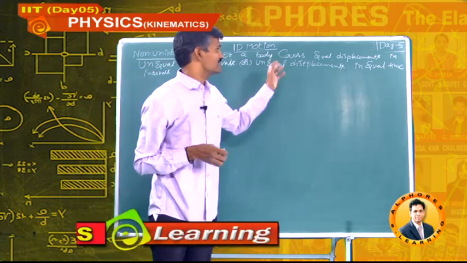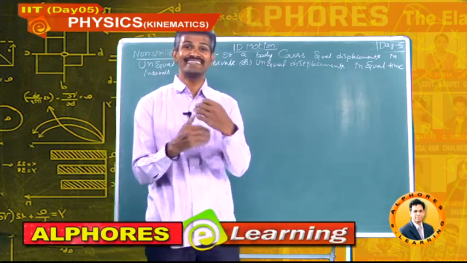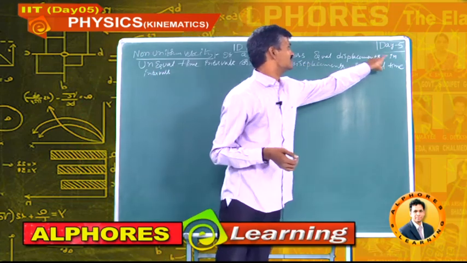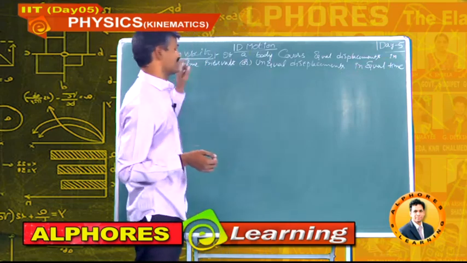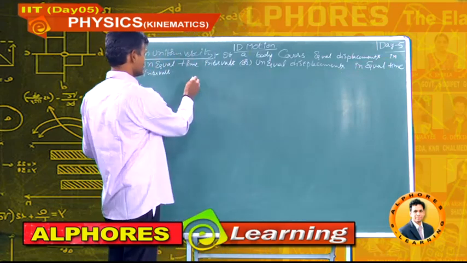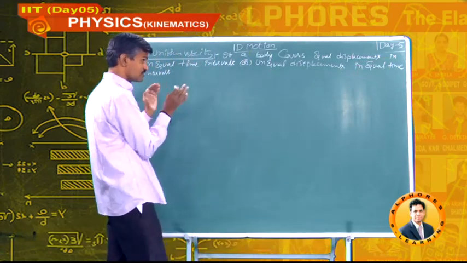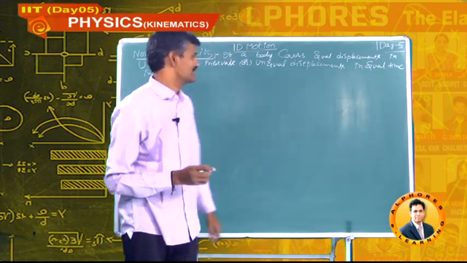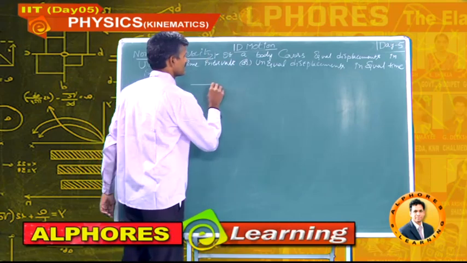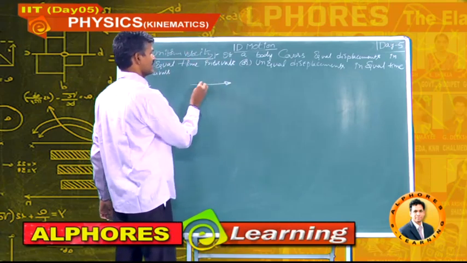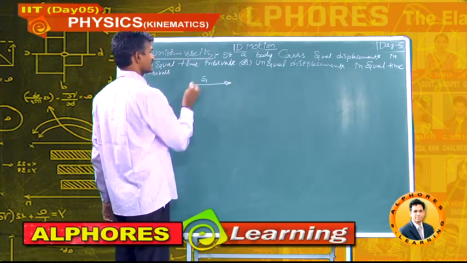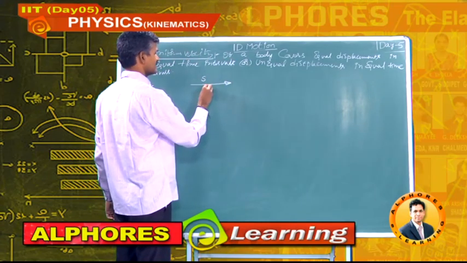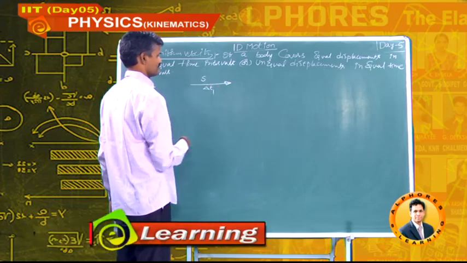Students, here the situation can be understood in 3 stages. First stage is equal displacements in unequal time intervals. So to understand the situation, first the body should cover equal displacements in unequal time intervals. That is, if a body takes a displacement s1 or s in time interval delta t or delta t1.